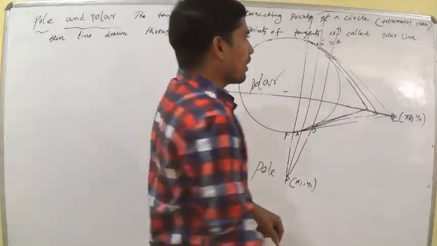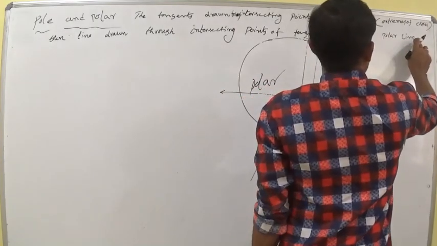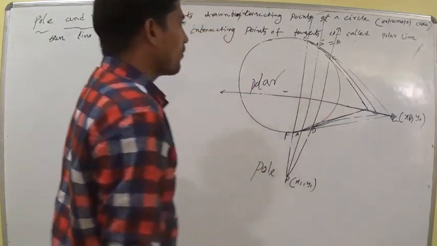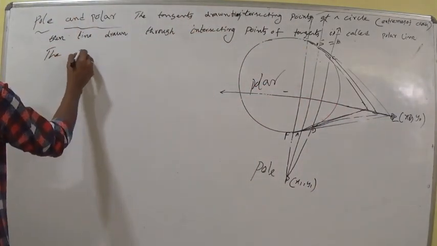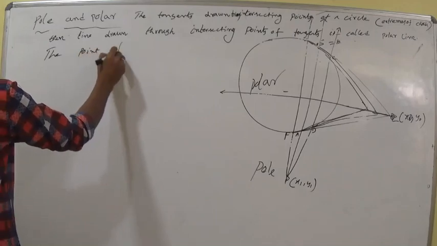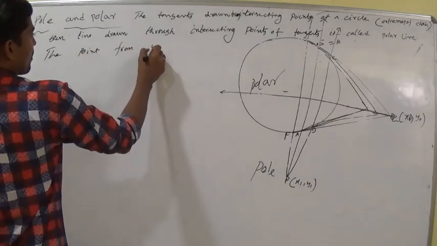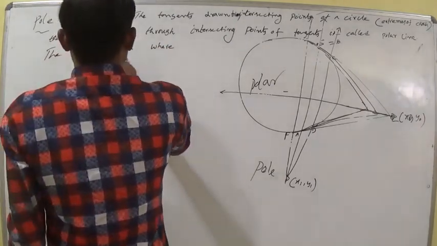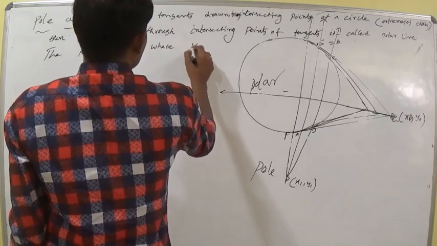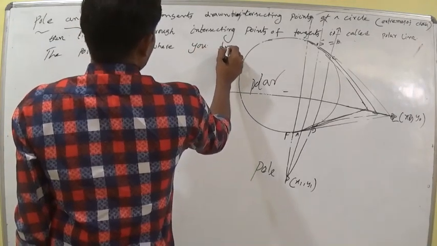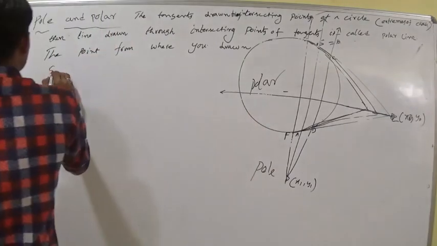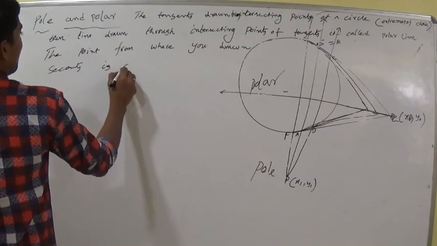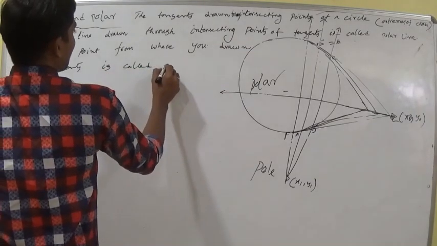With respect to the point, polar line, the point from where you draw the secants is called pole.